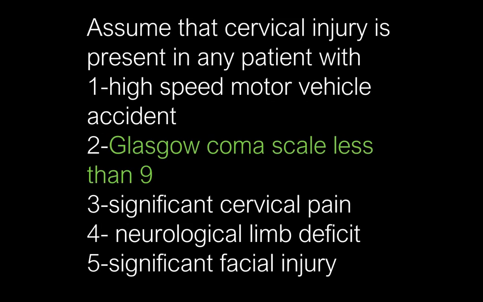We discussed it before, and we talk about the subaxial cervical spine injury now. You have to assume that cervical injury in any trauma is present in any patient with these 5 conditions. If a patient is coming from a high speed, high energy trauma, consider cervical injury.